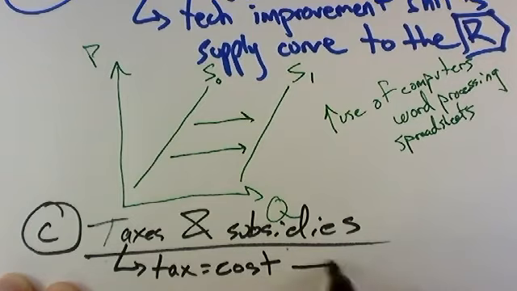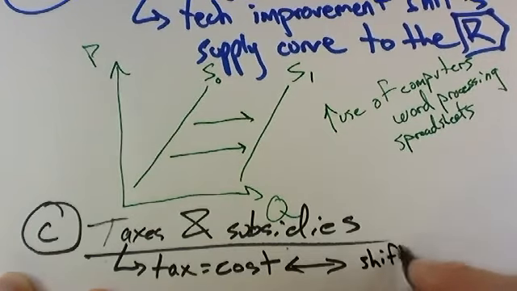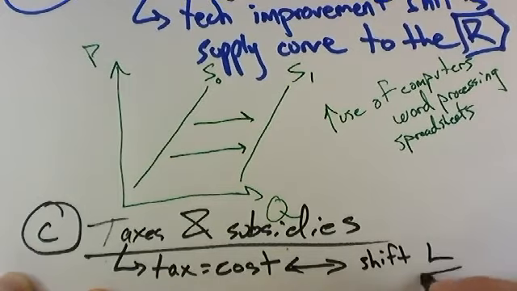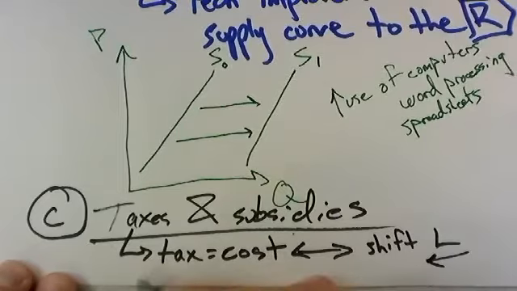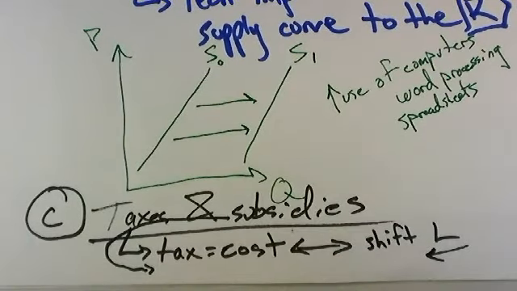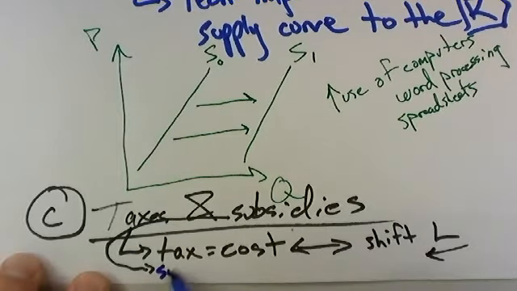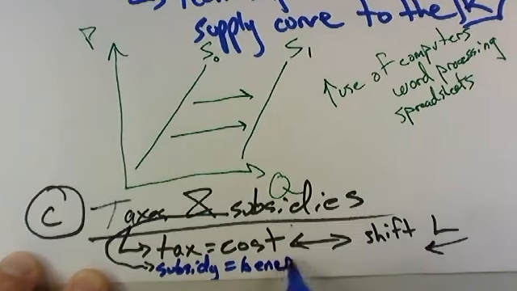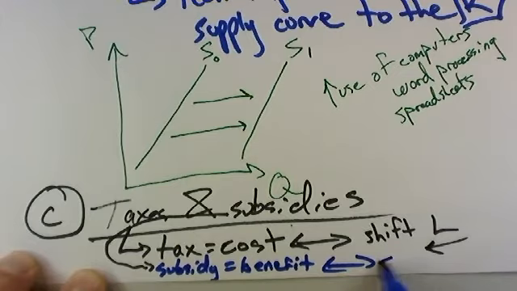And so that's going to shift the supply leftwards. Whereas a subsidy is seen as a benefit. And so we're going to go ahead and shift that bad boy the other way.